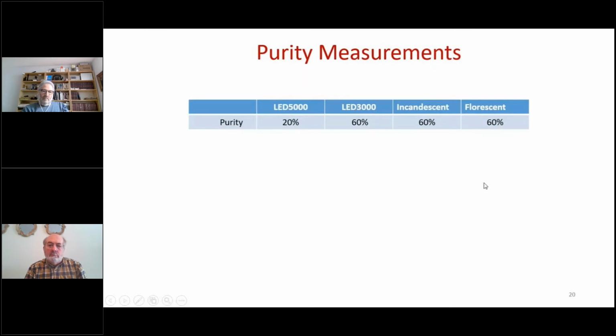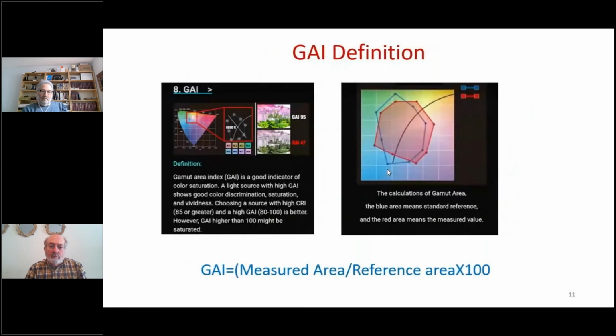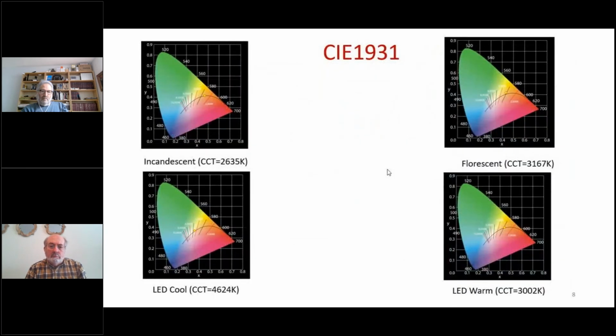If you look at it, you see most of them are 60%, and LED 5000 is 20%. You may be wondering why that is lower. That is explained very well if you go to the chromaticity diagram. You can see that the distance of the 5000 to the center is very small.